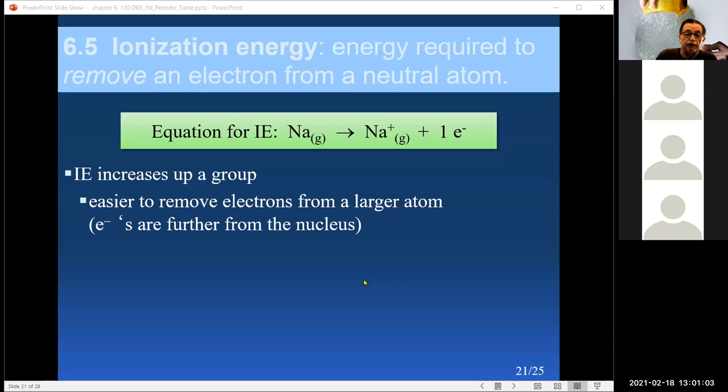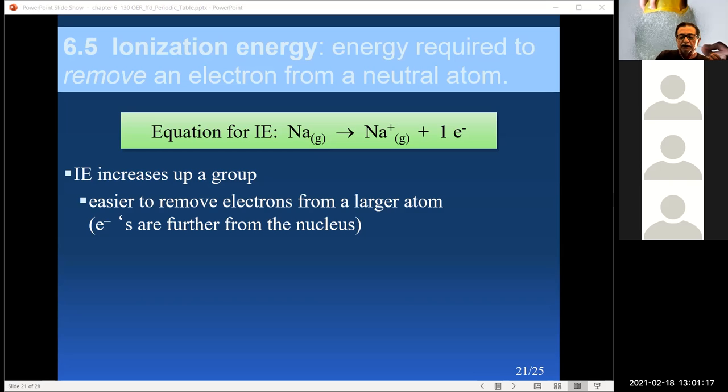All right. So we ended up on slide 22, but I'm going to back it up a little bit. What we're looking at here now, there's two properties here that we need to distinguish. The first one is called ionization energy.